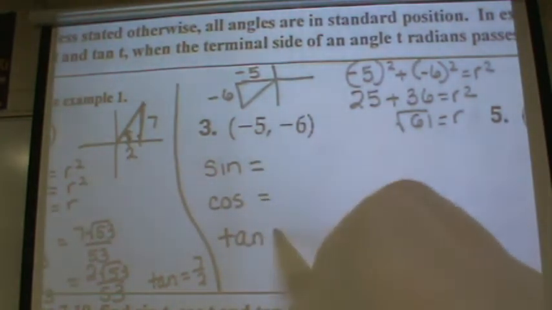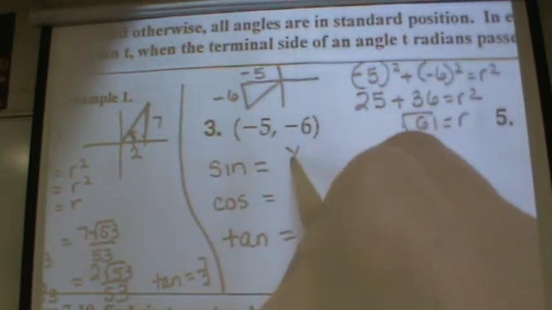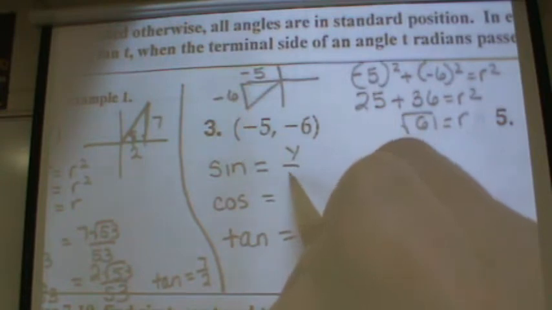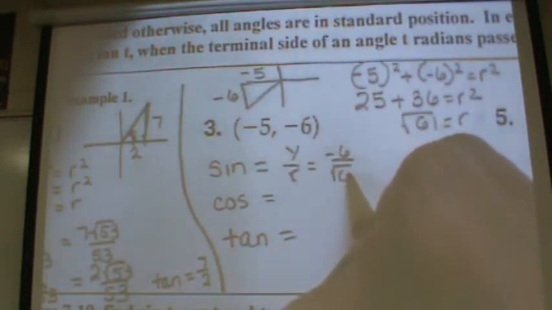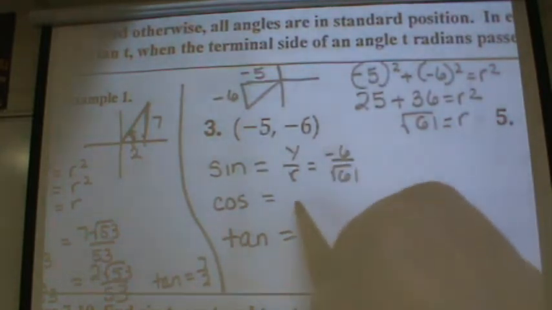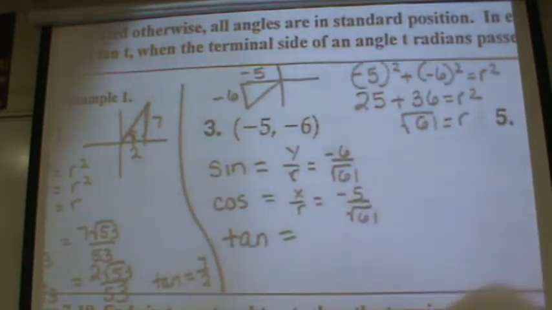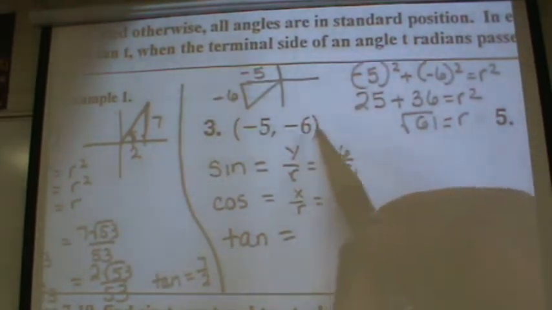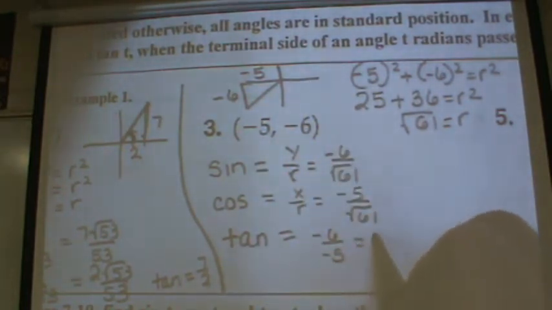Sine is, and if you want to write, this is how I remember it, I would keep rewriting these. So y is negative 6 over root 61, and then x over r is going to be negative 5 over root 61, and then tangent is y over x, so negative 6 over negative 5 is 6/5.